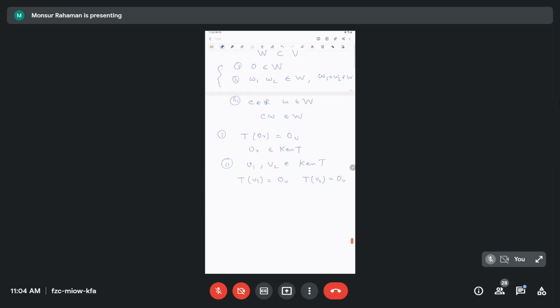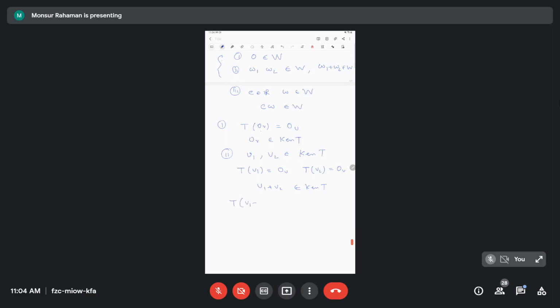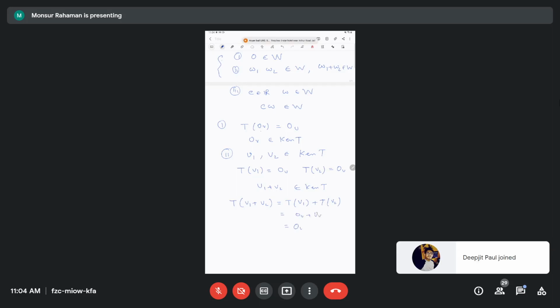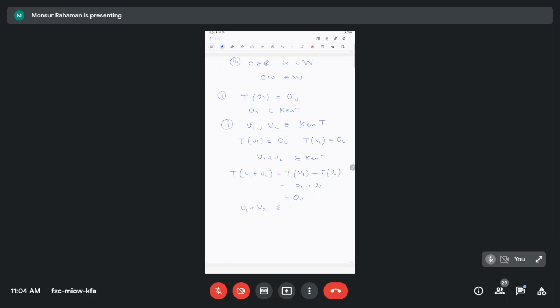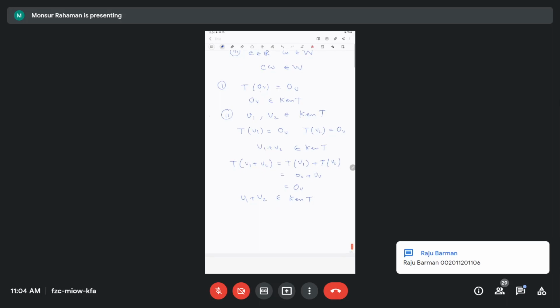So you need to prove that v1 plus v2 is also in ker T. So you have to send that vector through T. By the definition of linear transformation, you can write Tv1 plus Tv2, which is actually 0u plus 0u, 0u. So v1 plus v2 is also in ker T. So the second condition is also satisfied.